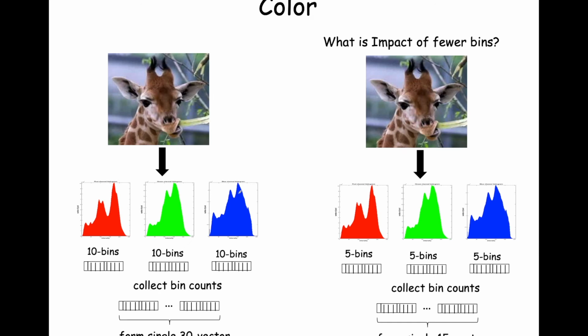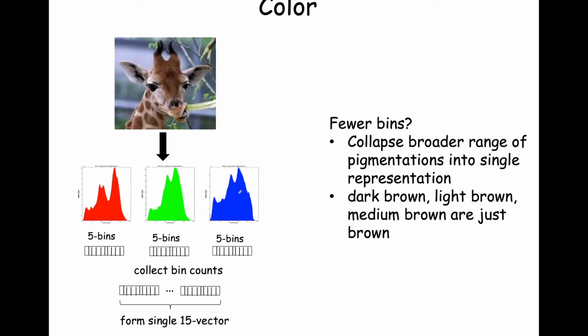Conversely, what if you had fewer bins? Originally we talked about 10 bins per histogram over each of the color channels, forming a total of a 30-vector for the color portion of your representation. If we reduce that to 5 bins per histogram, collecting those bins together results in a 15-vector instead of a 30-vector. So it's a smaller representation in terms of the dimensionality of that component of the feature vector representing the color content of the image. What happens if you have fewer bins?